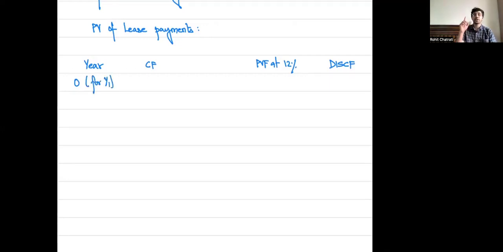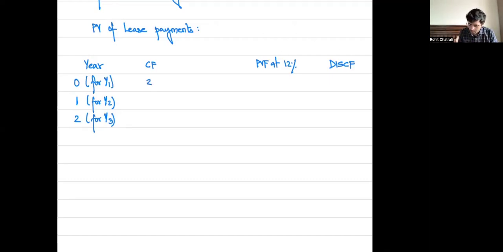The payment for year one is being made today itself. Same way, the payment for year two will be made at the beginning of year two, which is the end of year one, and the payment for year three will be made at the end of year two.